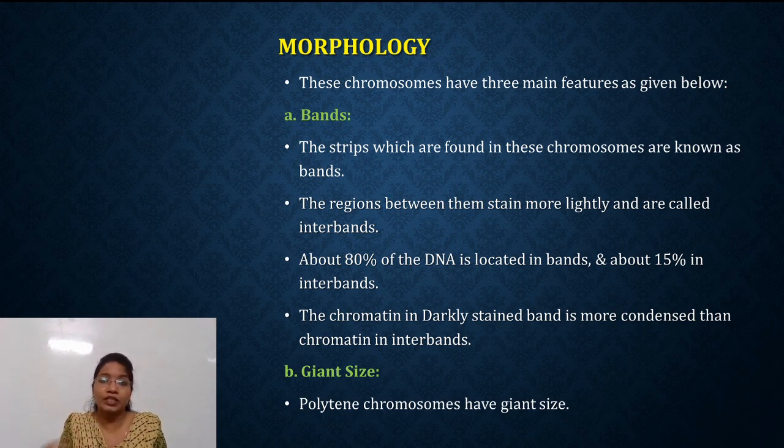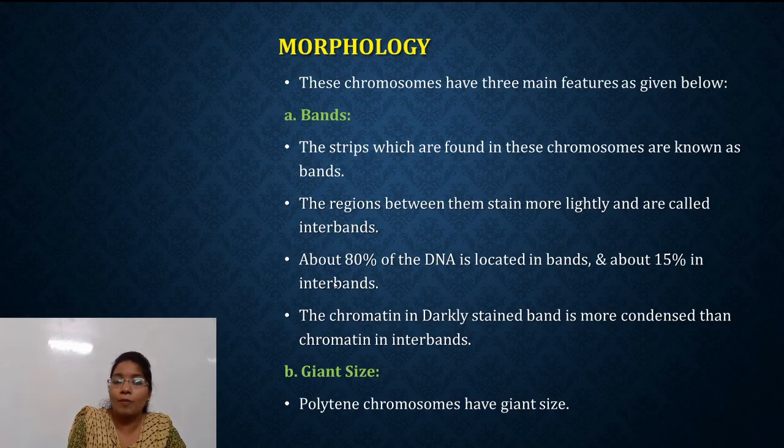About 80% of the DNA is located in bands and 15% of the DNA is located in interbands. The chromatin is darkly stained in the band region and lightly stained in the interband region. So this is the band region.